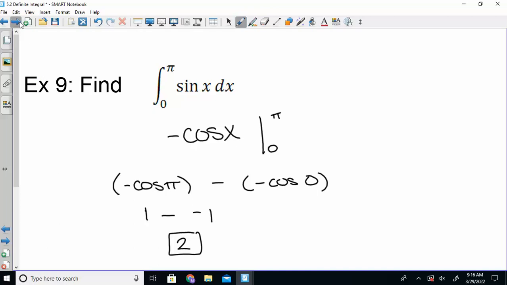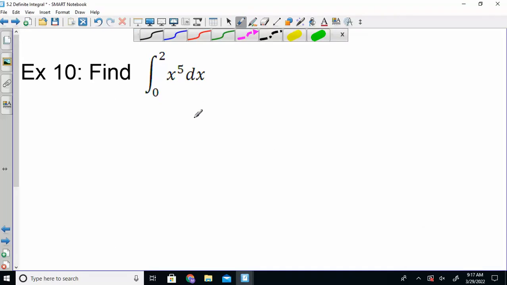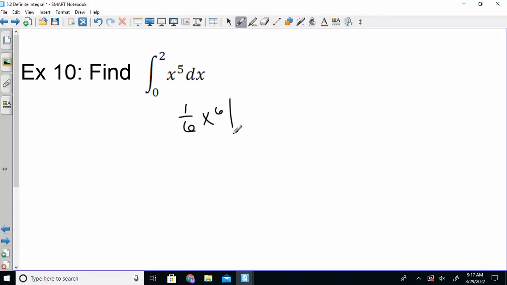I want you guys to try one. For the fifth. Evaluate from 0 to 2. You do have the option, if it's just a coefficient, the 1/6, you could even pull that out in front and then just do 2 to the 6 minus 0 to the 6.